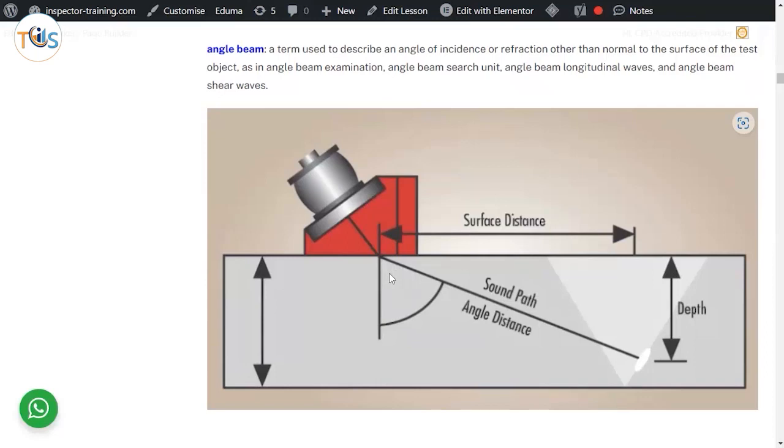And obviously, if it is 70 degrees, then you can be closer to the location because this angle is increased. If it's 45 degrees, you have to go back so you hit this indication. So the sound path goes this way, and this is the angle which we call the angle of the probe, and this is the surface distance. And as the angle is increased, the surface distance also is increased.